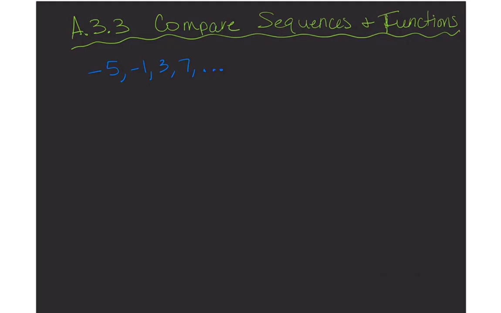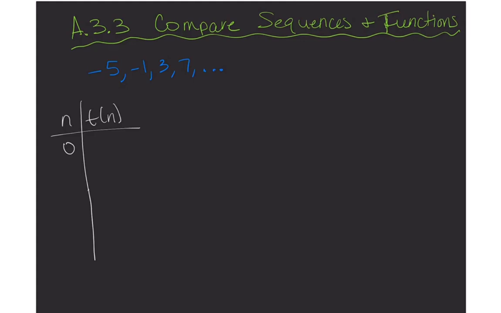Since we know that it's a sequence, we use n and t of n for our notation. I'm going to leave a little room to put in my zero term because I'm going to need my zero term in order to come up with my equations.